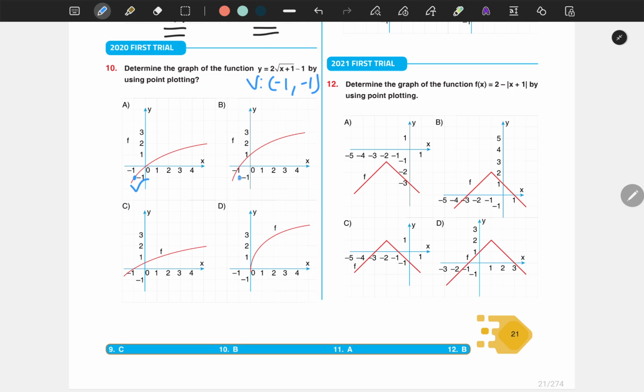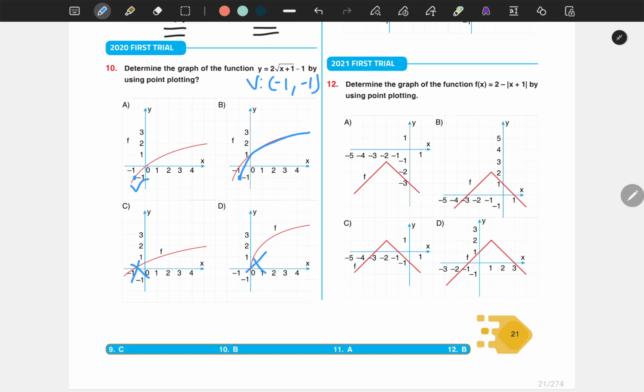Sorry, it should pass from here, because I think the graph is a little bit rotated to the upper part. It should be like this. Yes. Now, I have A and I have B. You see this, guys, A and B, both of them start from negative 1 and negative 1. But these others are not. What's the next step? Which one do I have to do?